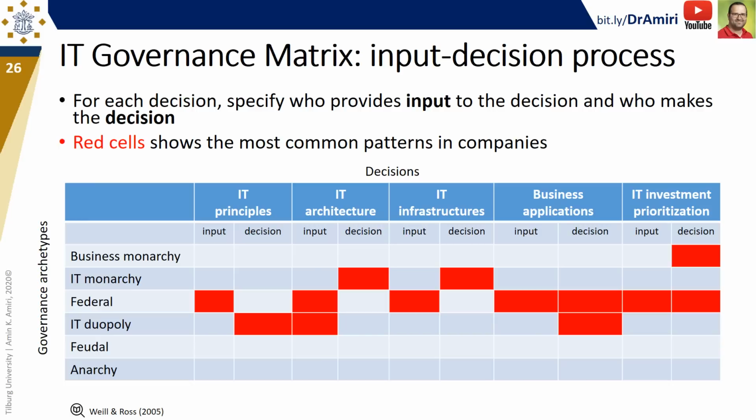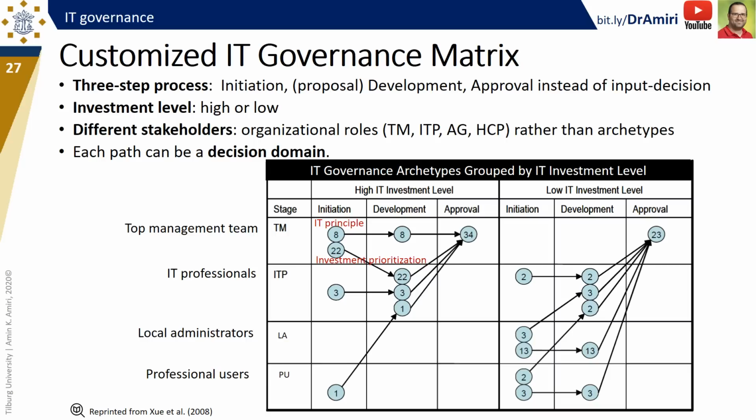However, the final decision about IT principles is made following IT duopoly, which means the combination of IT executives and business unit managers make the final decision about IT principles. So again, adding the two-step process to the IT governance matrix gives us a more comprehensive understanding of IT governance in an organization.